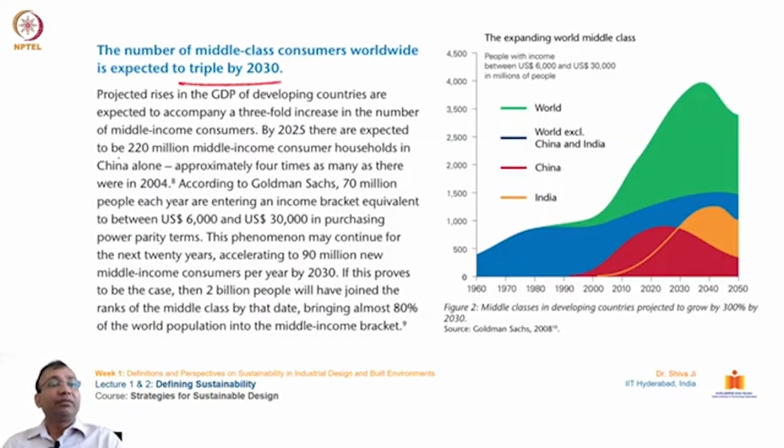So let me give you some figures, like the number of middle class consumers. It is expected to triple by the year 2030. As you can see on this graph on the right hand side, the number of people in the world with income between US$6,000 and US$30,000 is around 3,500, in millions of people.